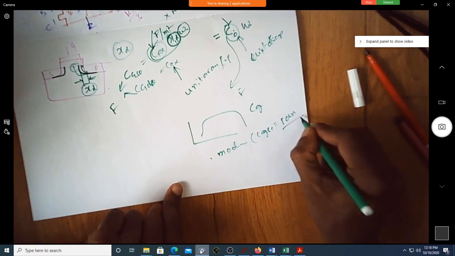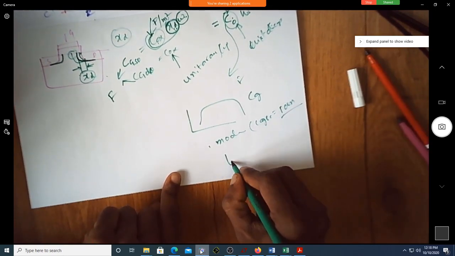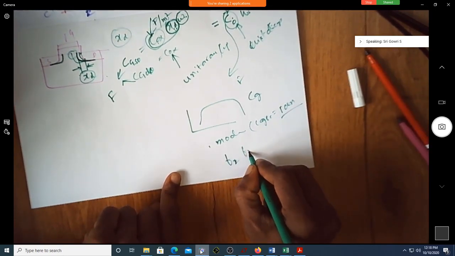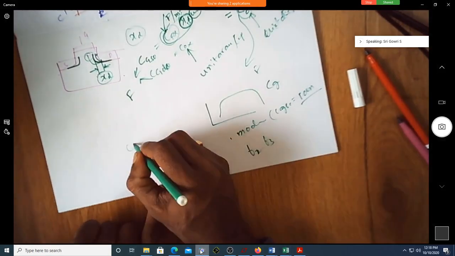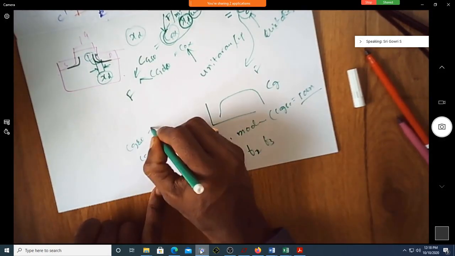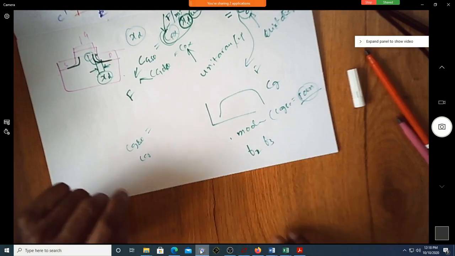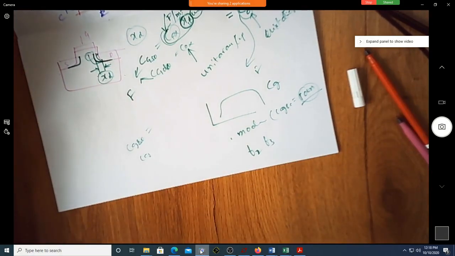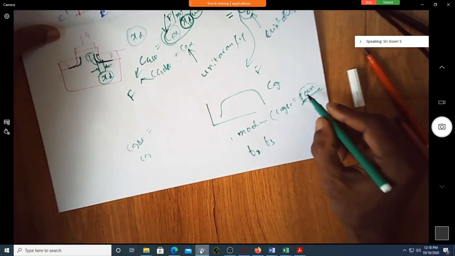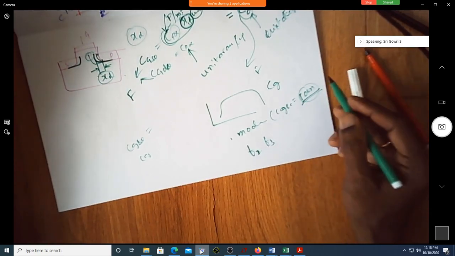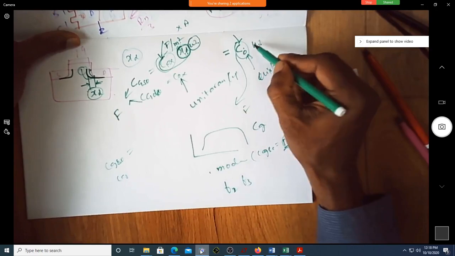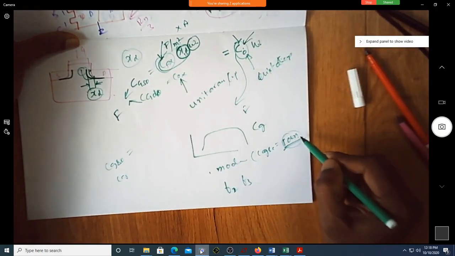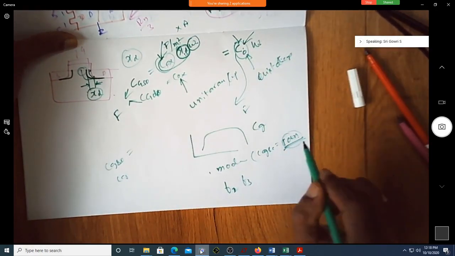And to calculate that, for CGSO and CGDO, were we not multiplying this with the width? Do you remember? Yes, sir. The reason you multiply with the width is that this is per unit distance capacitance.